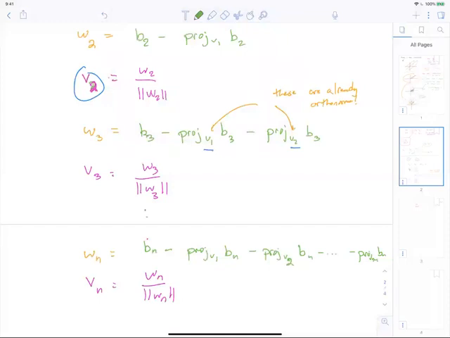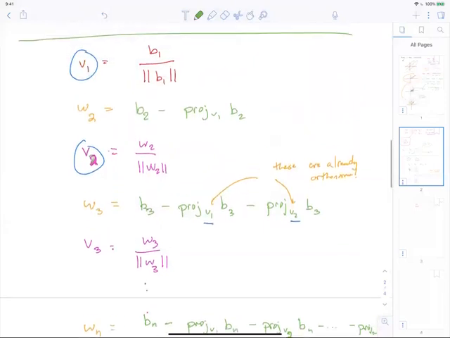So that's the formula we're going to use. Again, this formula is somewhat complicated, but it's easier to memorize if you understand the two main steps: project out all the other vectors, and then divide by the norm of the result.